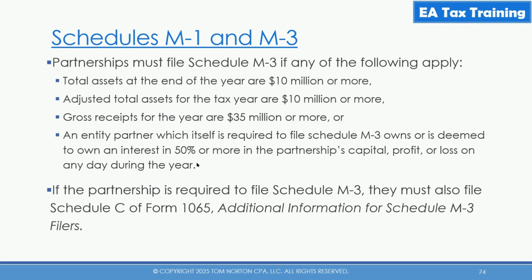So, for example, large corporations also have to file a Schedule M3. So, if one of those is a partner in the partnership 50% or more, then even if this partnership doesn't meet these asset or gross receipts numbers, it still has to file the M3.